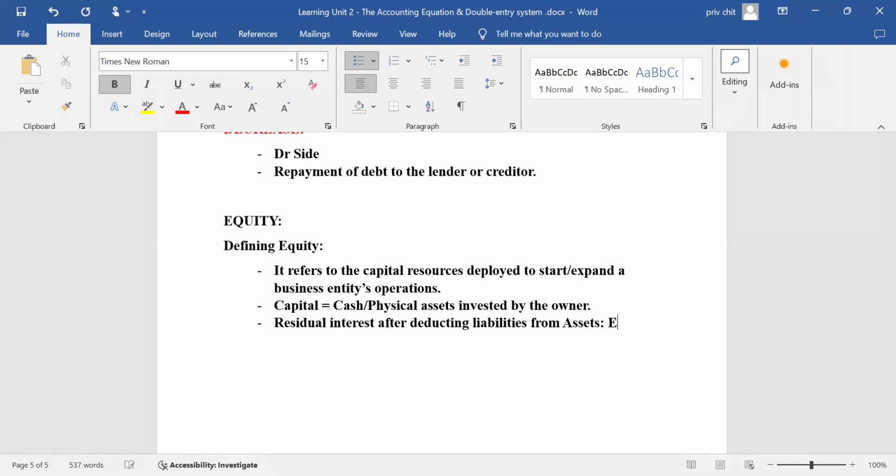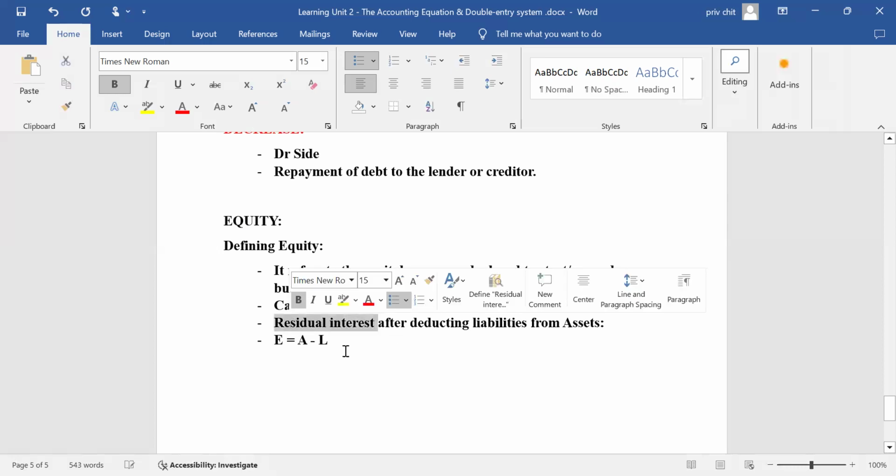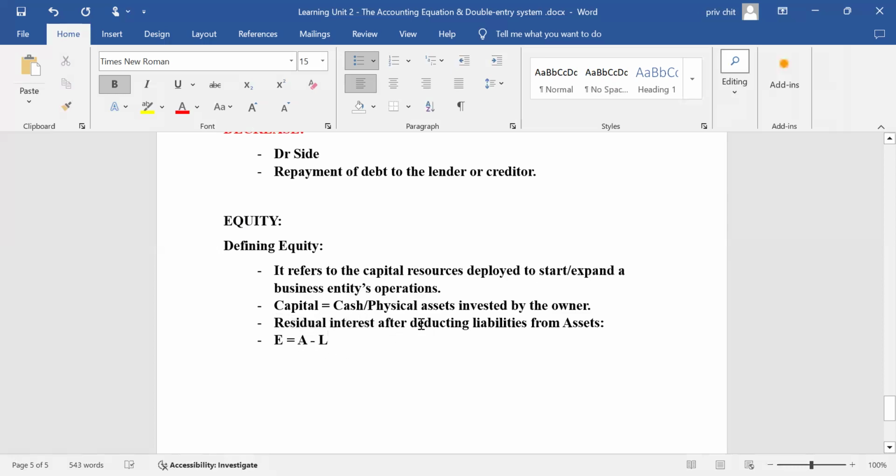We are simply saying that equity equals assets minus liabilities. So that's how you're able to ascertain that residual interest. Residual interest simply means what is remaining after we have deducted liabilities from the assets that the business owns. So far, so good?